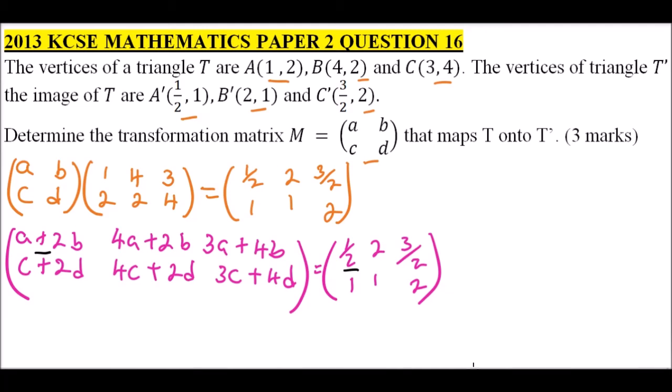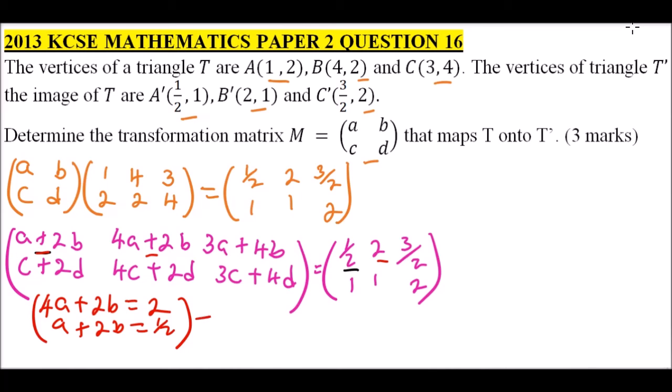So we can just write 4A plus 2B is equal to this element, 2, and A plus 2B is equal to a half. These are simultaneous equations.